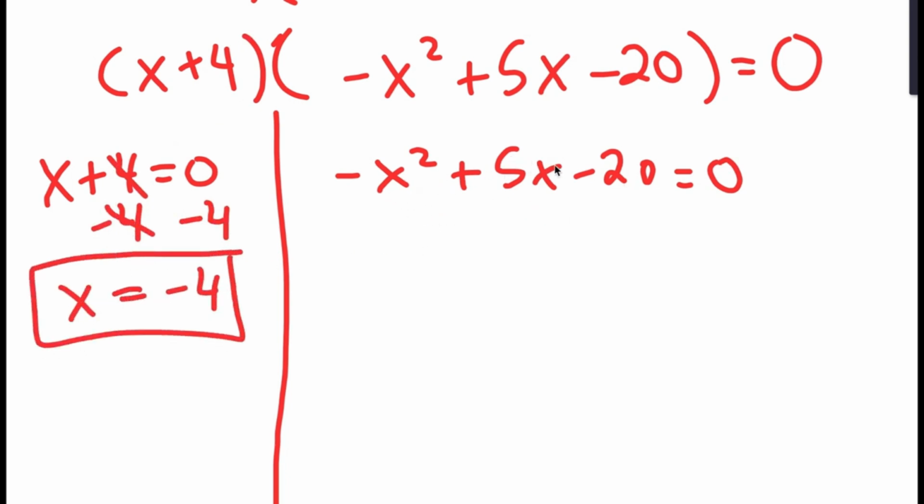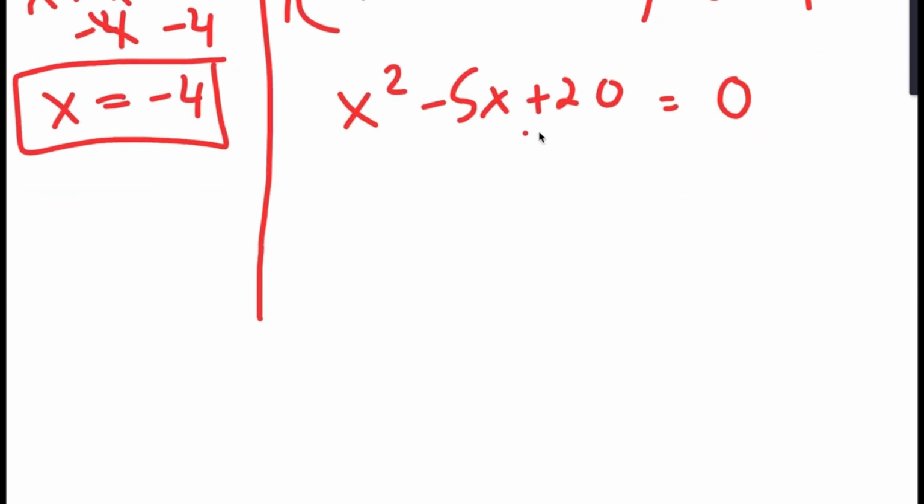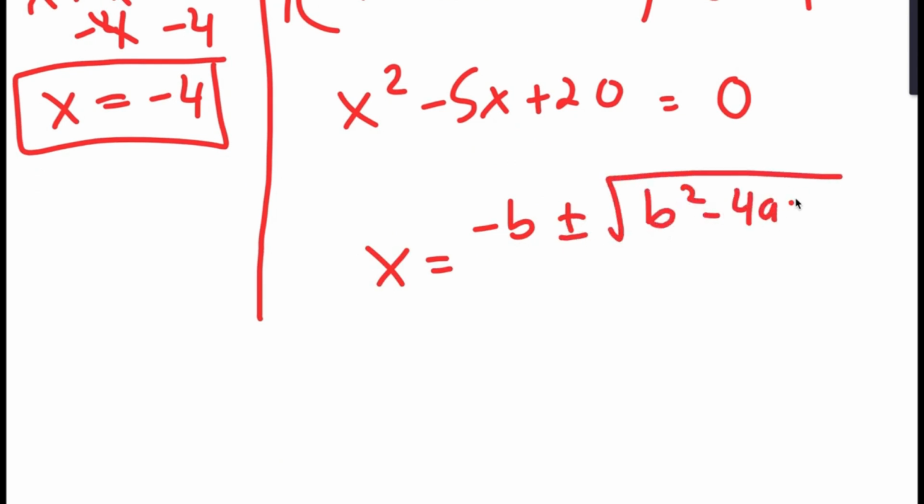Now, for negative x squared plus 5x minus 20 equals 0, first off, we have a negative sign in front of x squared, so I'm going to get rid of that by multiplying both sides by negative 1. So I get x squared minus 5x plus 20 is equal to 0. And now, to solve this, I'm going to use the quadratic formula, which is negative b plus or minus the square root of b squared minus 4ac all over 2a.